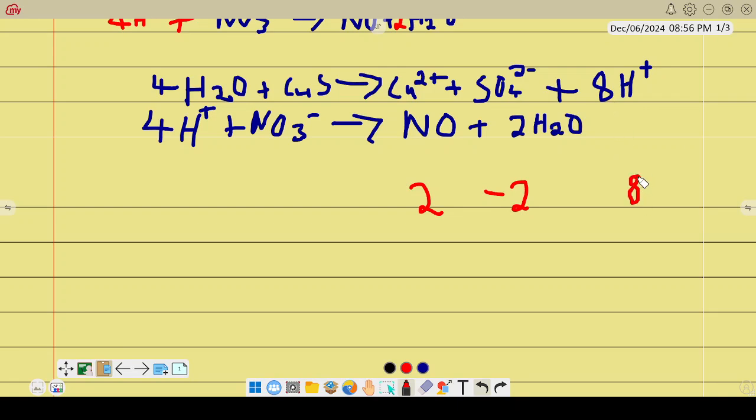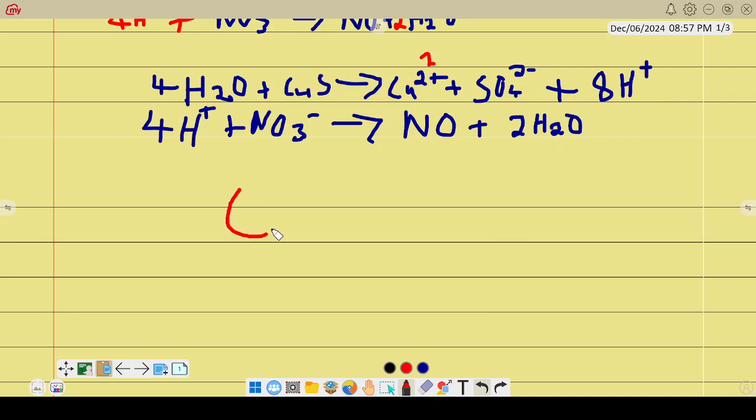So we're going to say 8 hydrogen ions, so we also have positive 8. So 2 plus negative 2 is 0, plus 8 it's 8. So the charge on the right hand side is 8. We remain with positive 8.